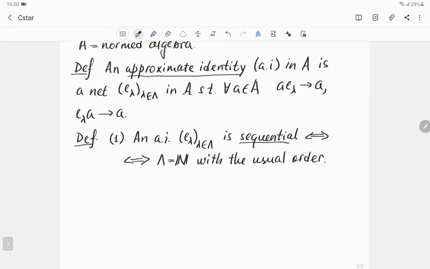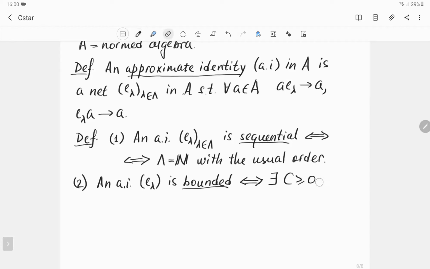So in this case, an approximate identity is just a sequence. And second, we say that an approximate identity E lambda is bounded if the set of all elements in this net is bounded. So that is, there exists a constant C such that the norm of each E lambda is less than or equal to C.